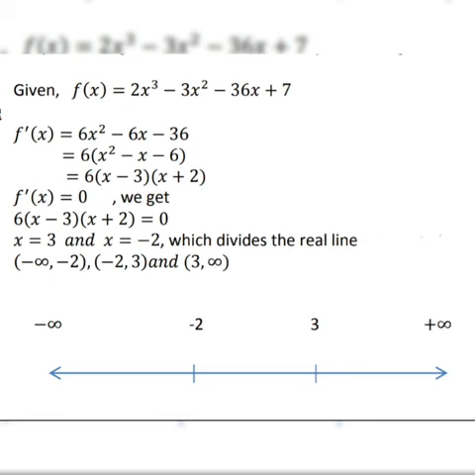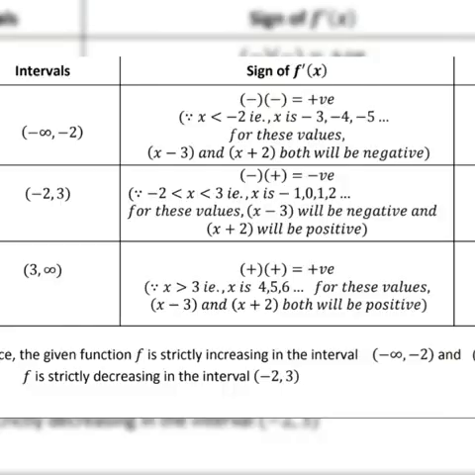If f prime of x is less than 0, then the graph is decreasing. And we will do the same thing in the interval minus 2 to 3, and the interval 3 to infinity. So by solving f prime of x equal to 0, finally we get 3 intervals: minus infinity to minus 2, minus 2 to 3, and from 3 to plus infinity.